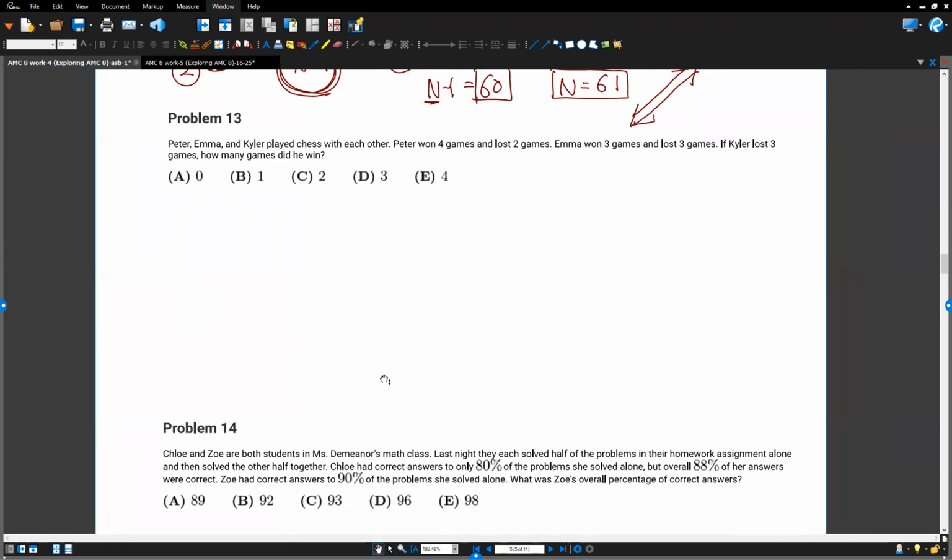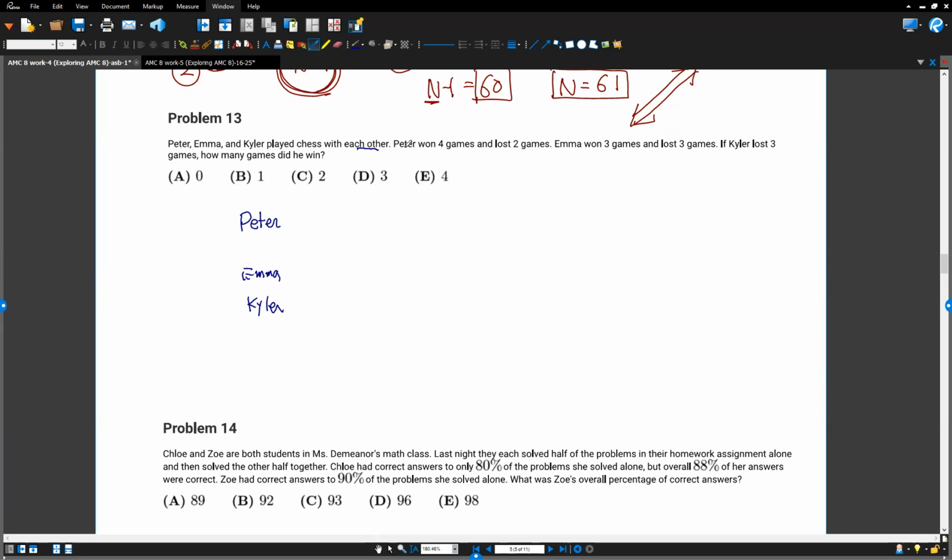All right, number 13. Take a look at number 13. Peter, Emma, Kylo. We have 3 guys here. I'm going to write down Peter, Emma, and Kylo.